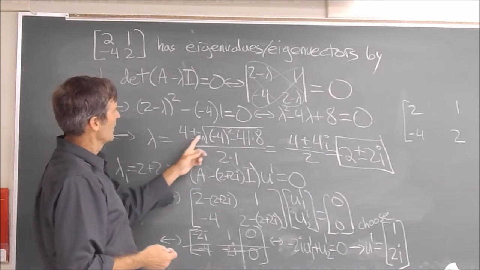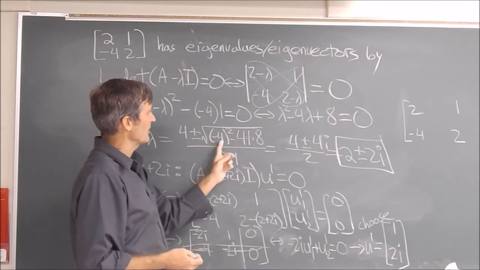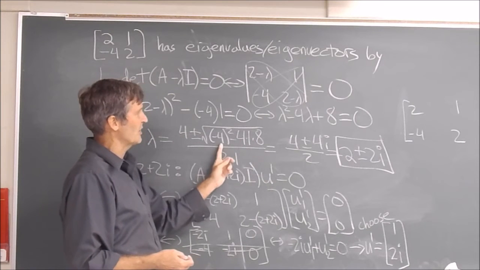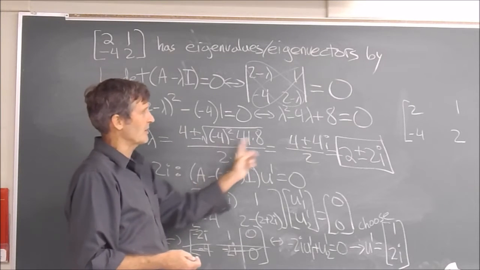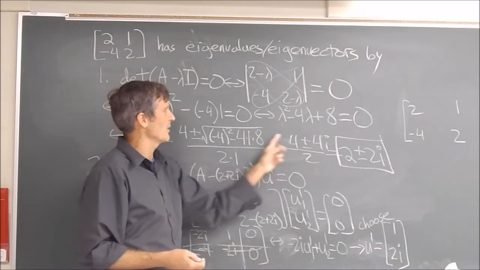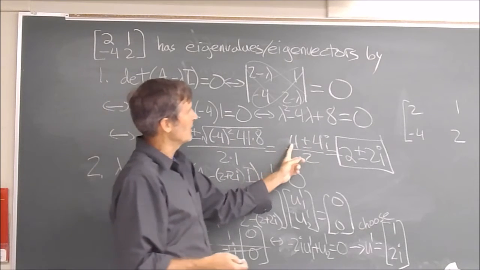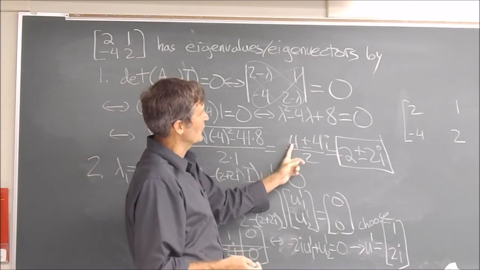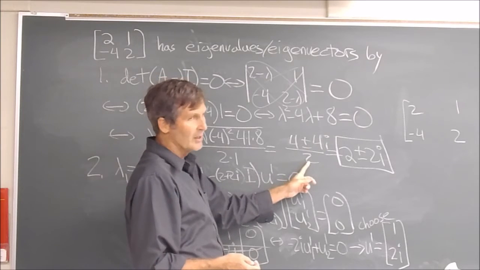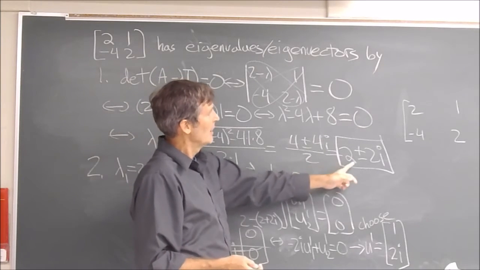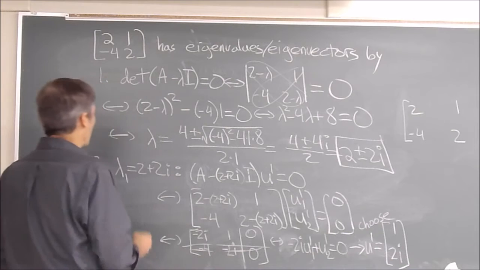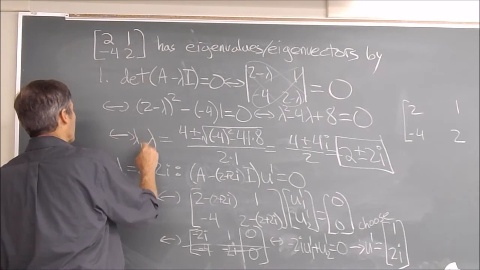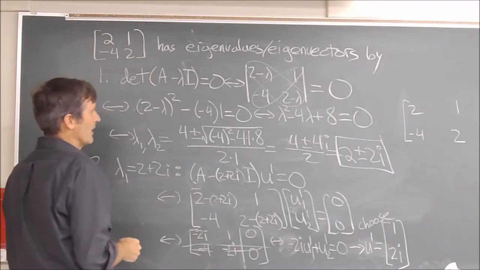And this is the square root of 16 minus 32, the square root of minus 16. Well, the square root of 16 is 4, the square root of minus 1 is i, so this is 4i. And here are our complex conjugate eigenvalues, 4 plus or minus 4i all over 2, found by the quadratic formula, which is 2 plus or minus 2i. So we can call these lambda 1 and lambda 2, our two eigenvalues.